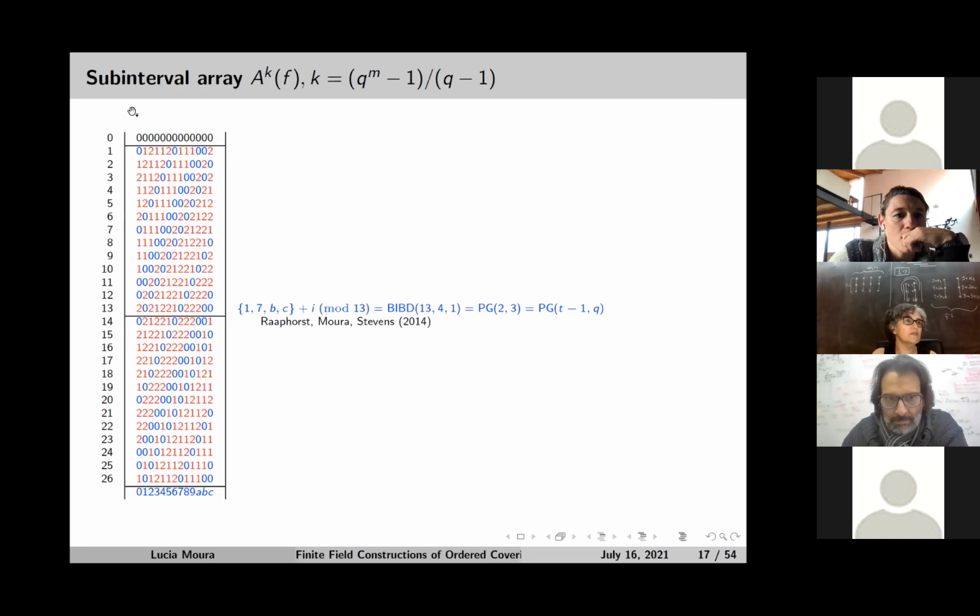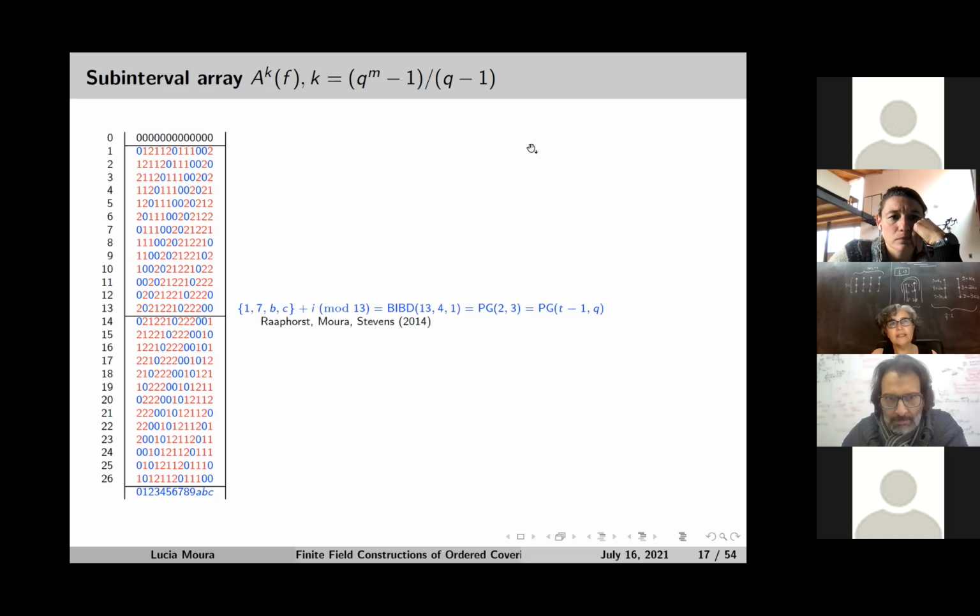If I consider the columns as points, in this case, for t equals 3, a projective plane of order 3, each of these zeros corresponds to a line on that projective plane of order 3. The elements would be the indices of the columns.